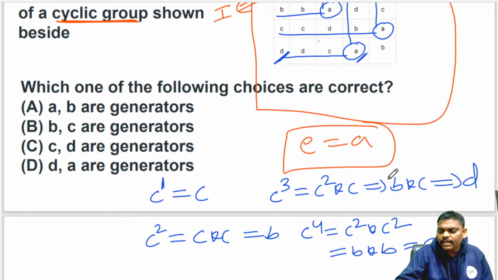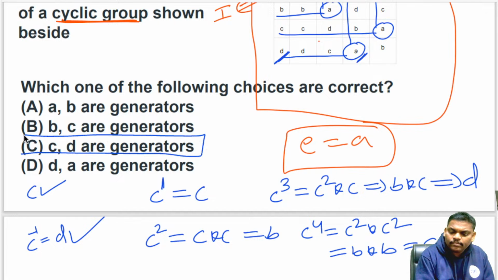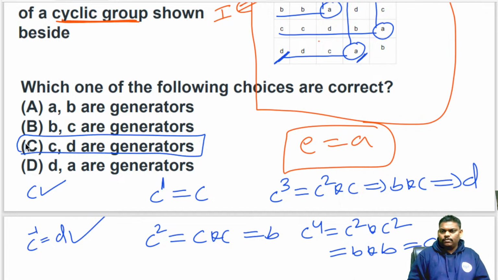C inverse is D, so D is also a generator. So I think C and D are generators.